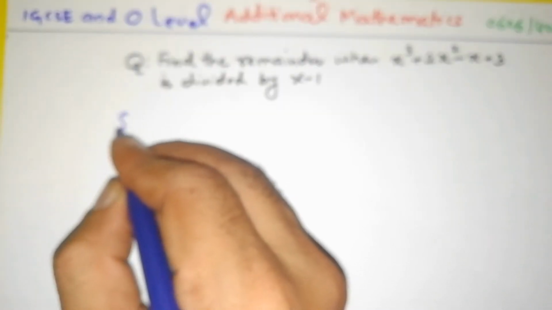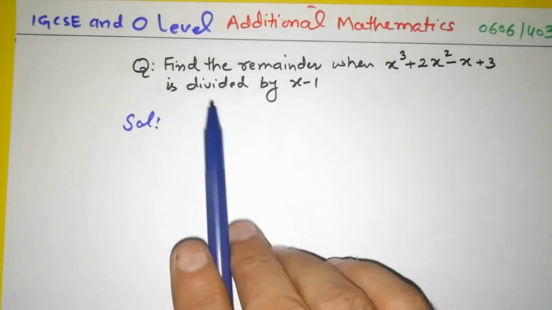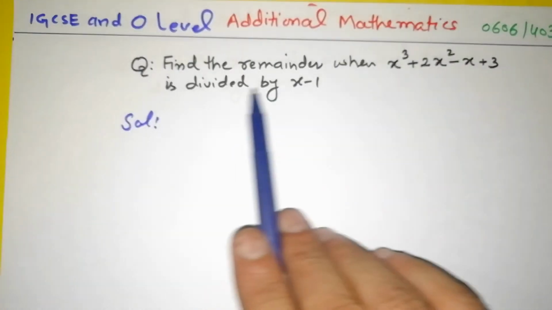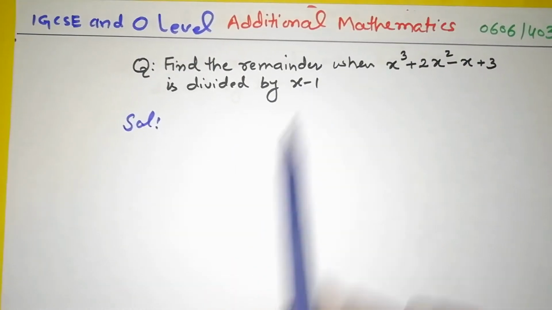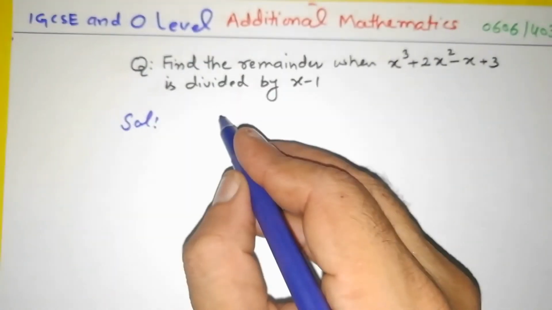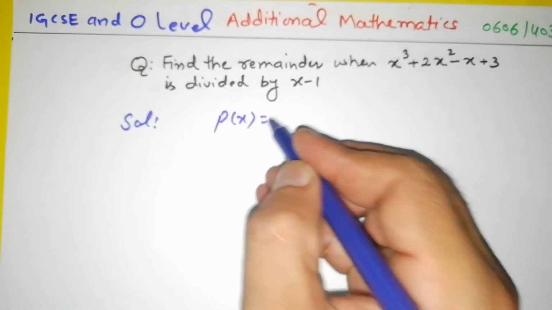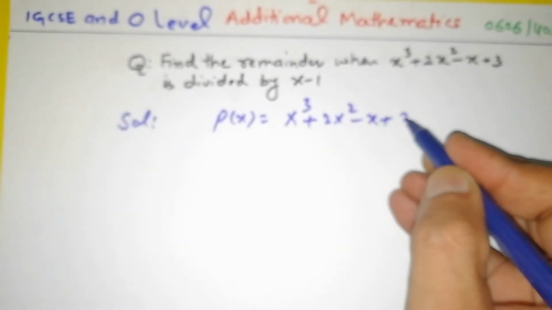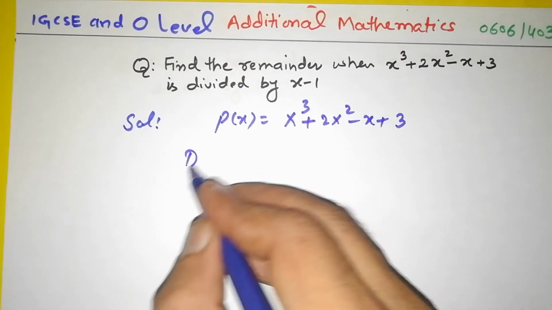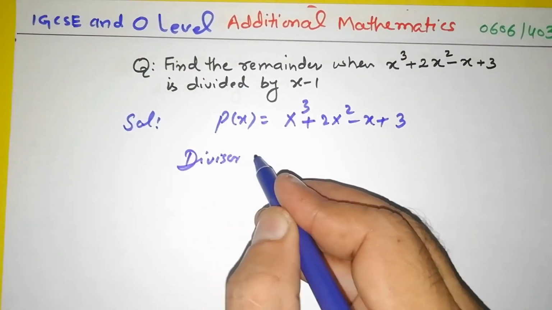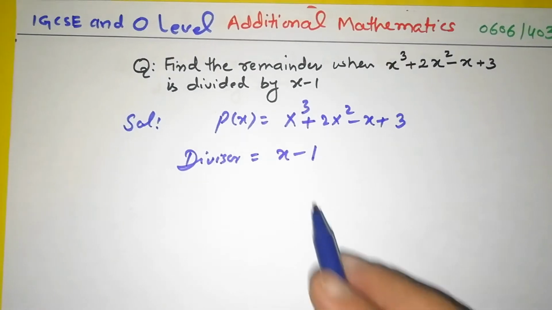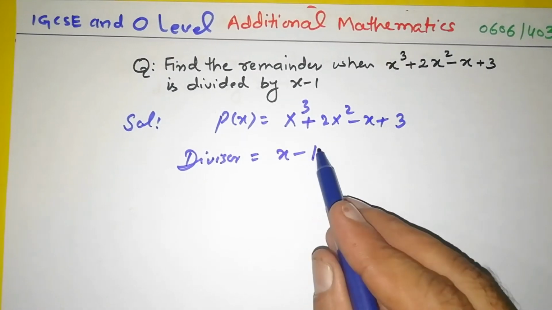Solution: the question is to find the remainder when the polynomial x cube plus 2x square minus x plus 3 is divided by x minus 1. So here a is 1.